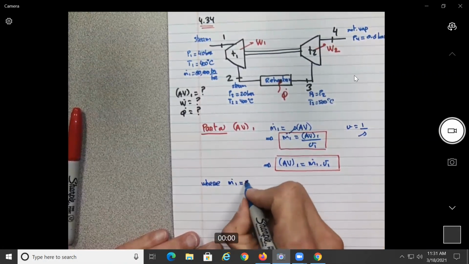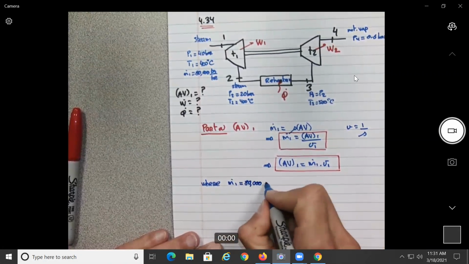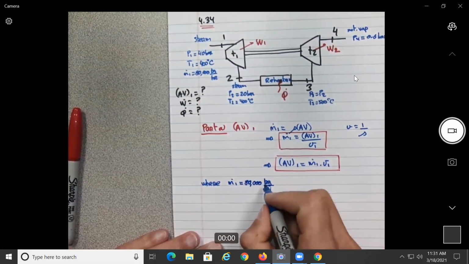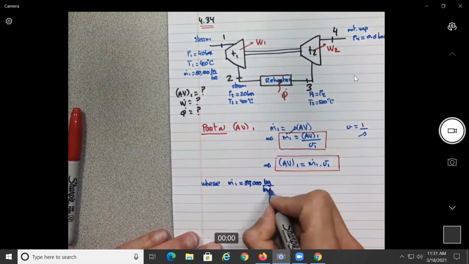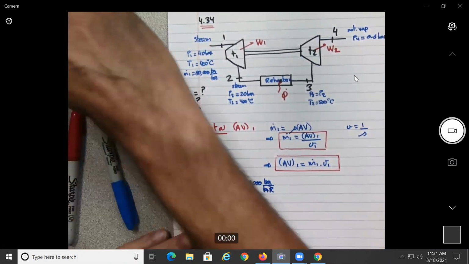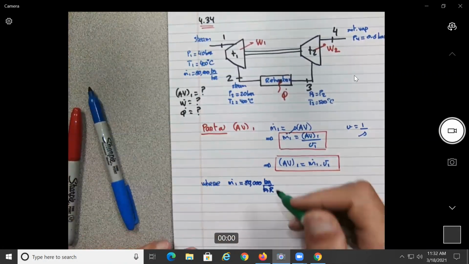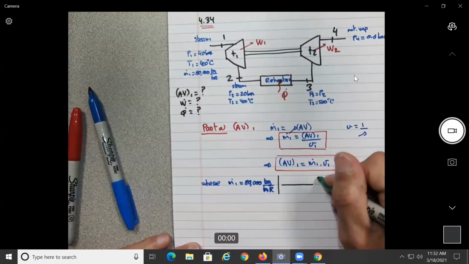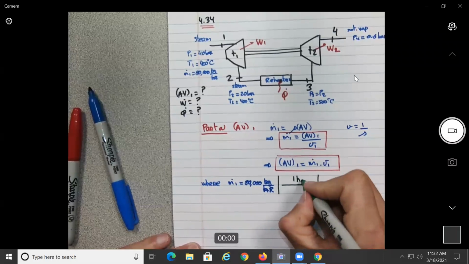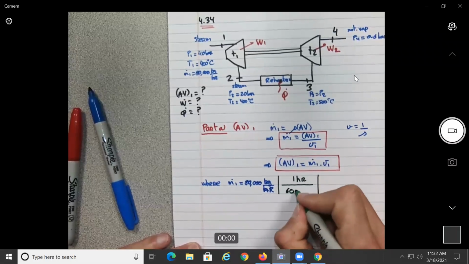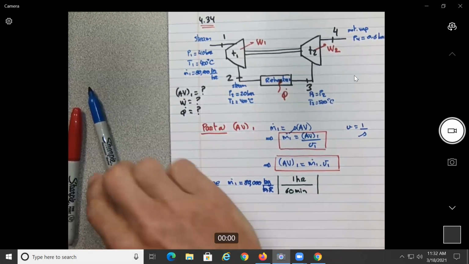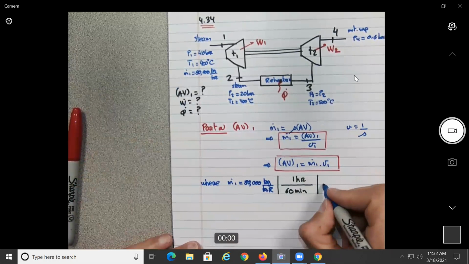It's 80,000 kilograms per hour. So if we want to transform that per minute, what do we need to do? Multiply by 60. So basically 1 hour will be 60 minutes, no? And what would be this value then?